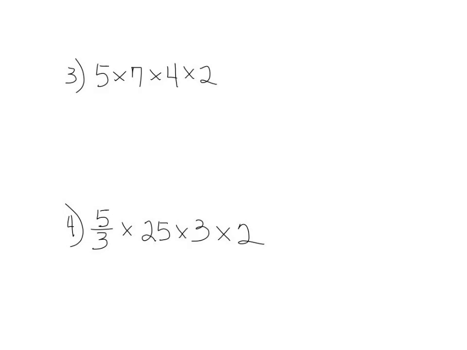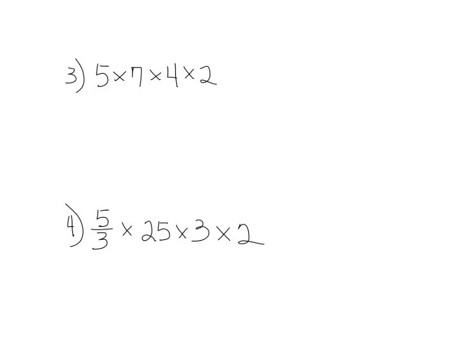5 times 7 times 4 times 2. Well, I look at this problem and I'd like to do as much of it as possible using mental math. So the properties that I've given you really facilitate mental math quite a bit, especially the commutative property and the associative property.